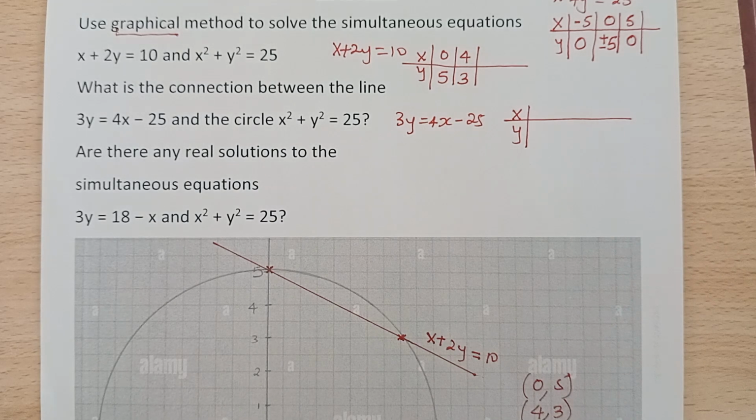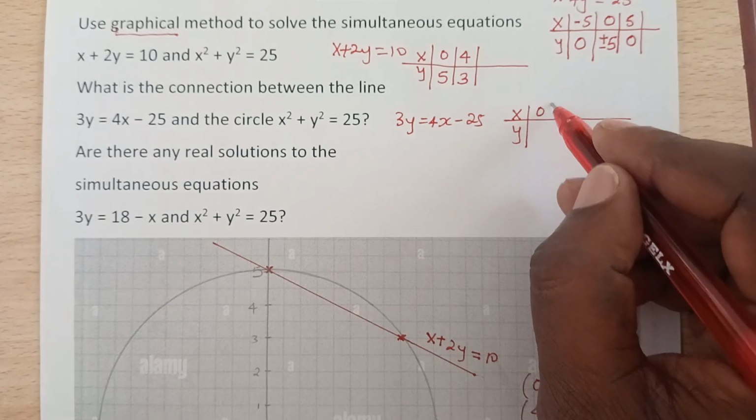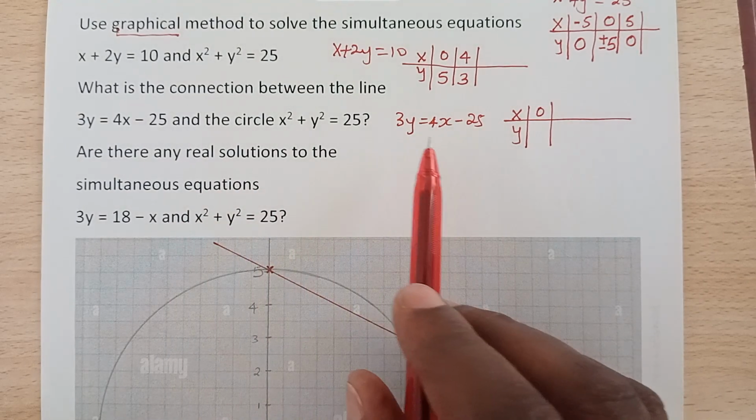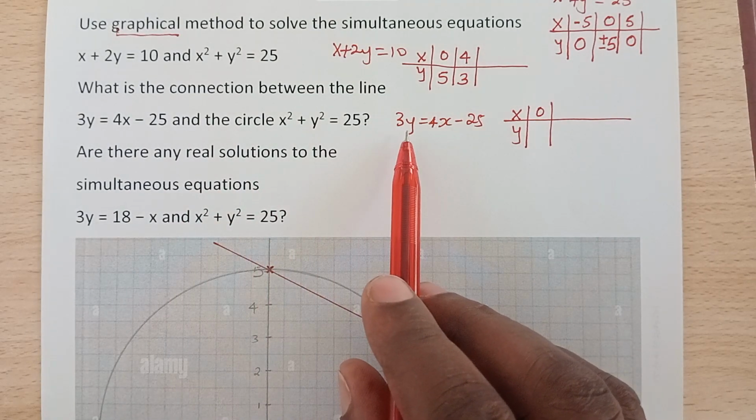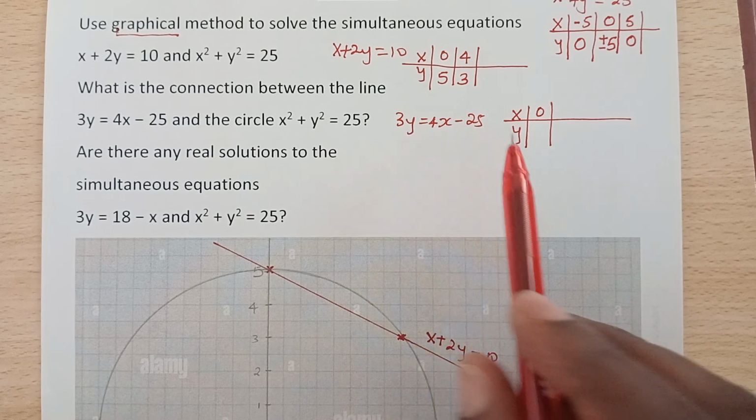When x is, let's say, 0, 3y is equal to negative 25.